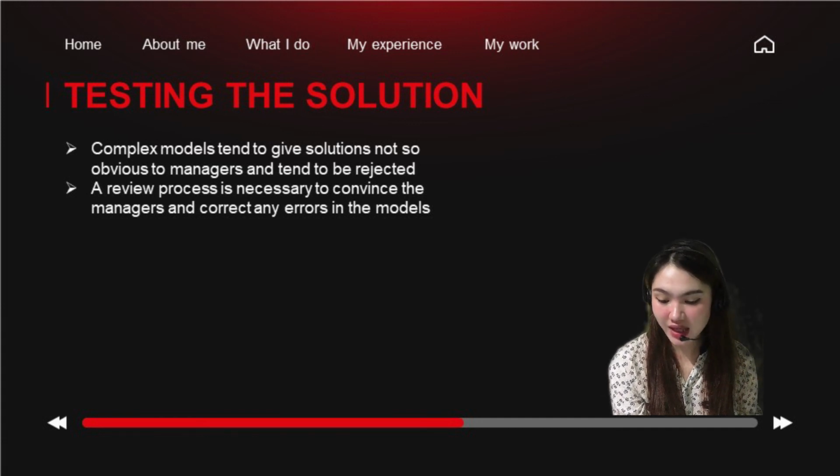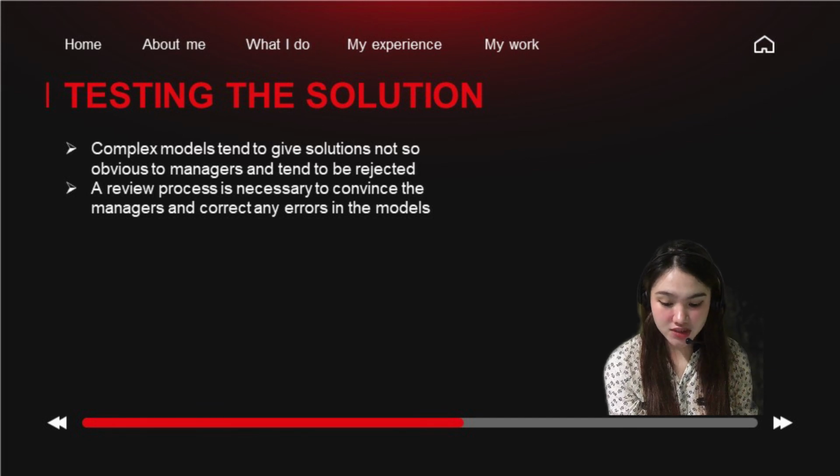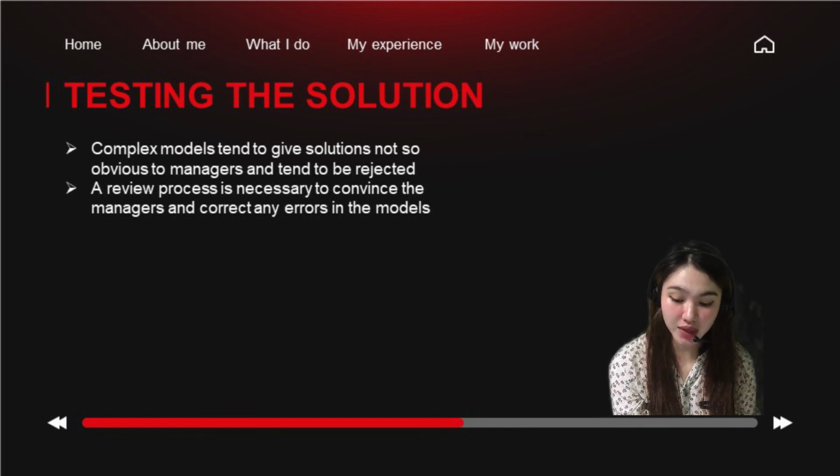The issue is that complicated models often produce solutions that aren't immediately apparent. Managers are prone to rejecting such options. The quantitative analyst now has the opportunity to walk the management through the model and assumptions in order to persuade them of the results' validity.